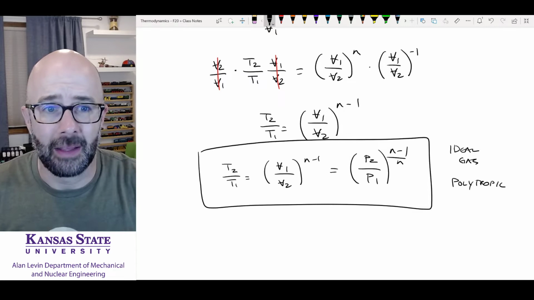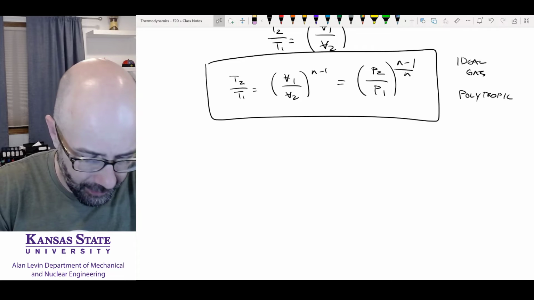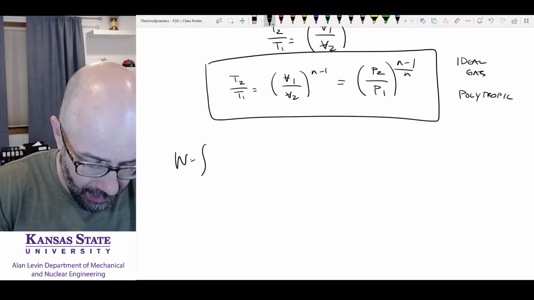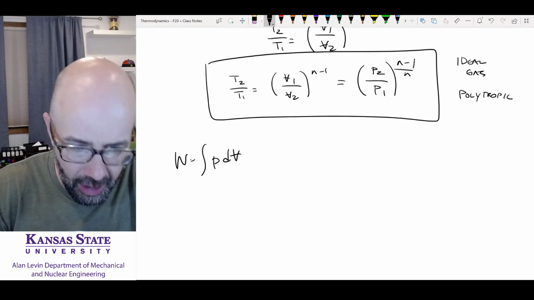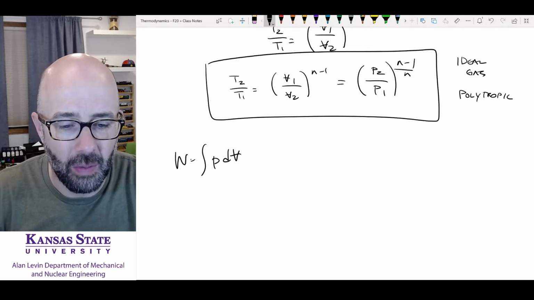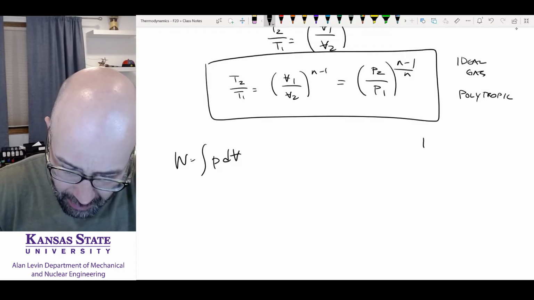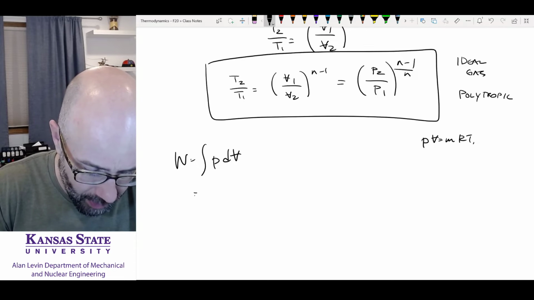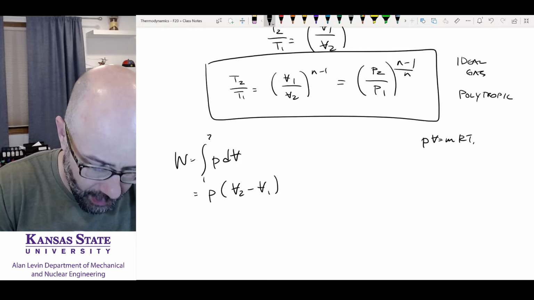Now the other thing that we can do here is we know that work equals the integral of P dV. Let's say that we're dealing with a constant pressure situation, and we know that PV is equal to mRT. I think we already did this. This would be equal to pressure times V2 minus V1, going from 1 to 2.